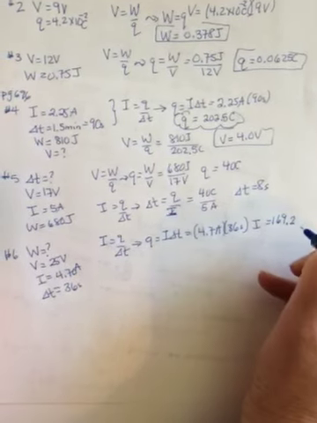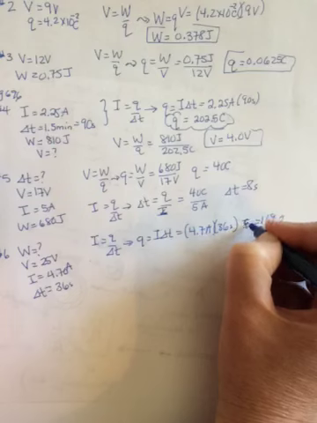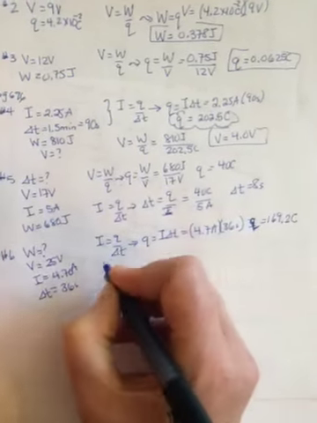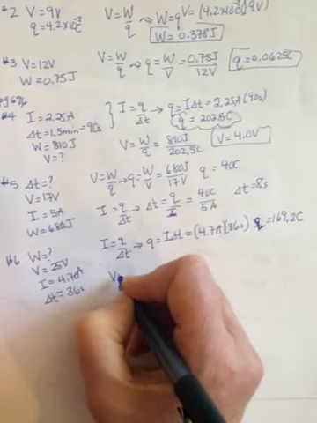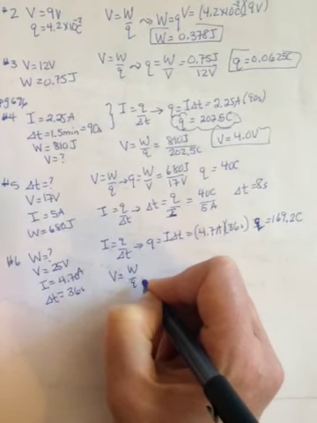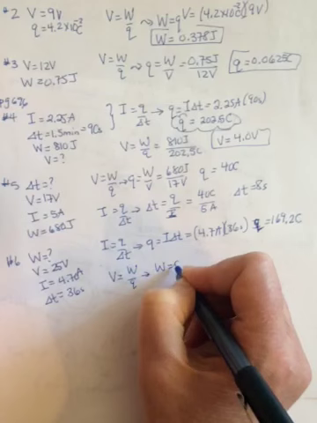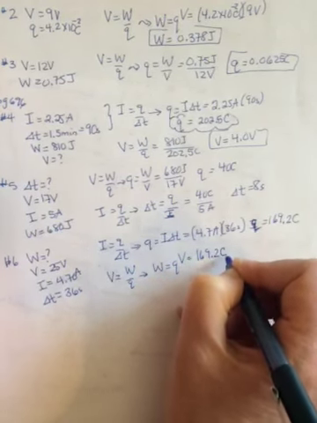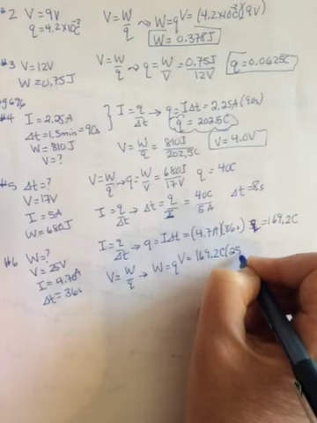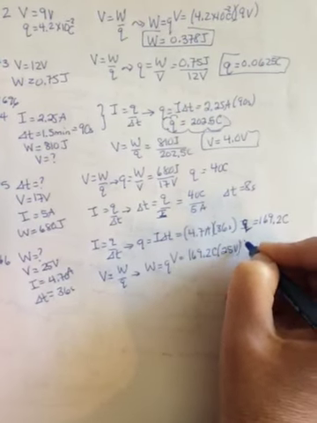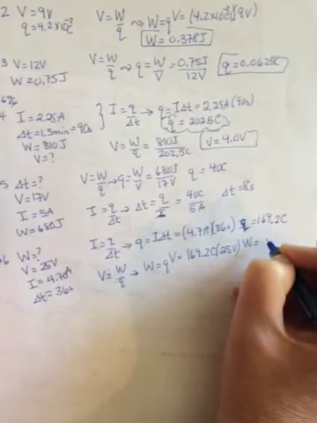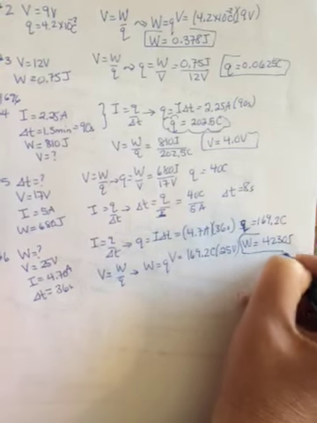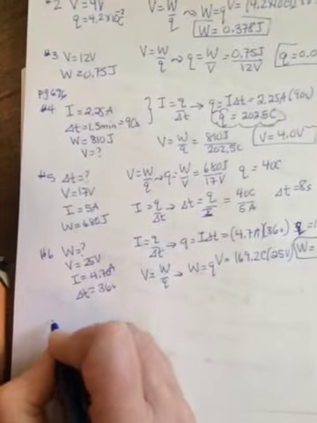That should give you a Q of 169.2 coulombs. Once you have that, then go to V equals W over Q. So W equals Q times V. So 169.2 coulombs times 25 volts, and you should get work done to be 4,230 joules.